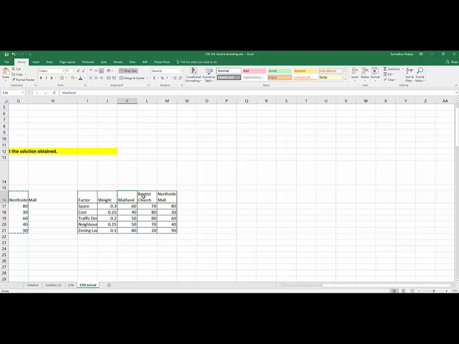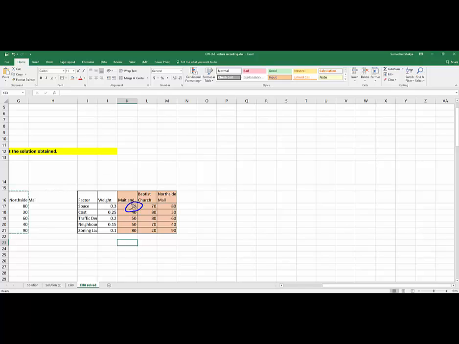Namely Mainland, Baptist Church, and Northside Mall. Those are the three locations that we have. Now we are also given the categories and the respective weights for each of those categories. So the first thing we want to find out is the collective score, let's say for the Mainland.